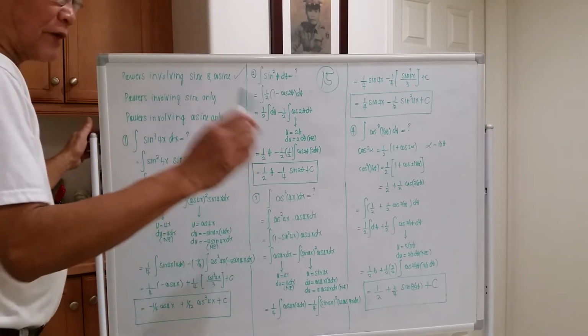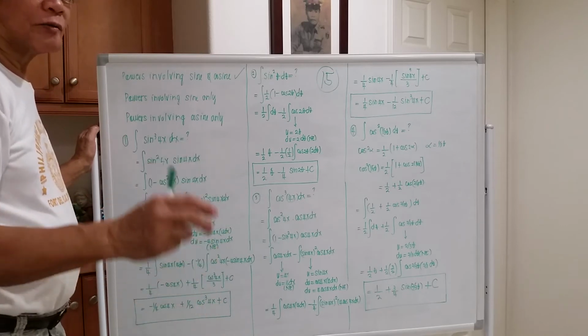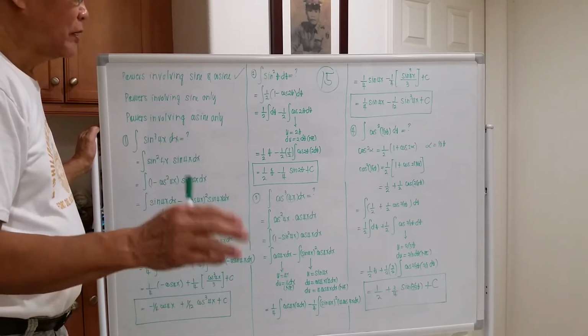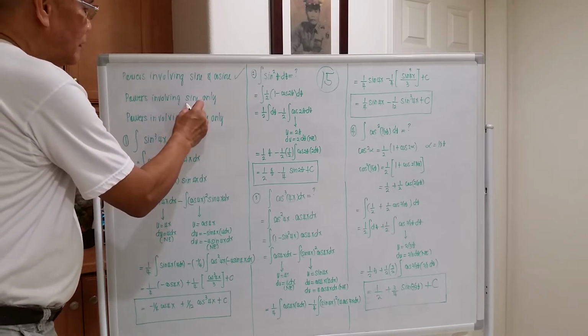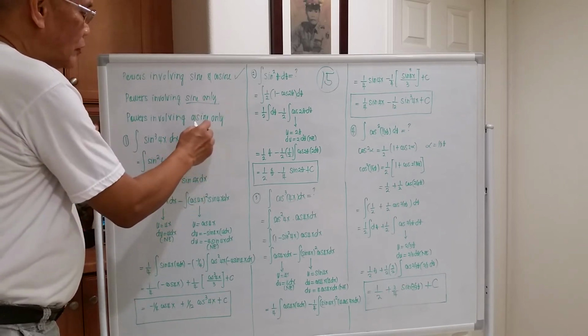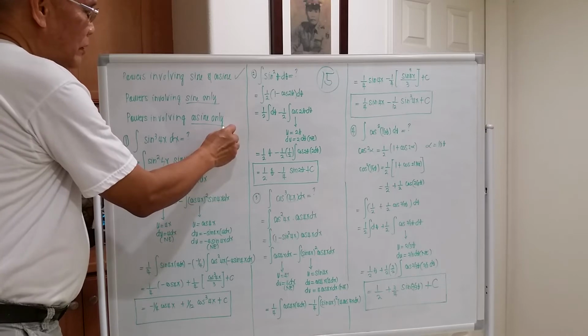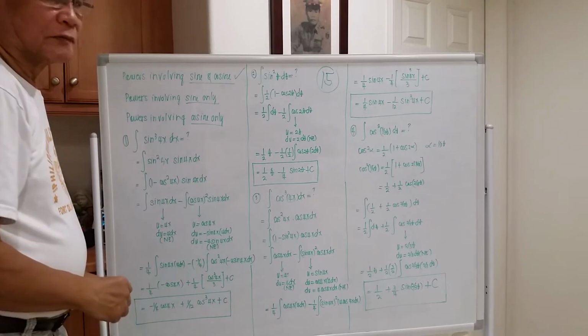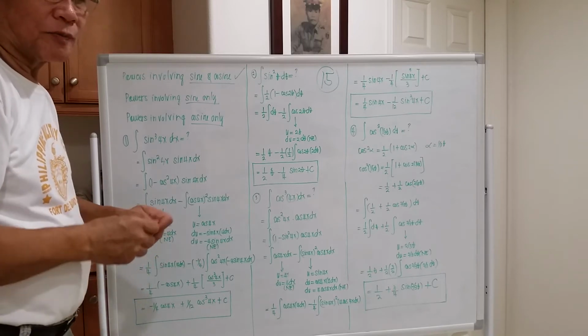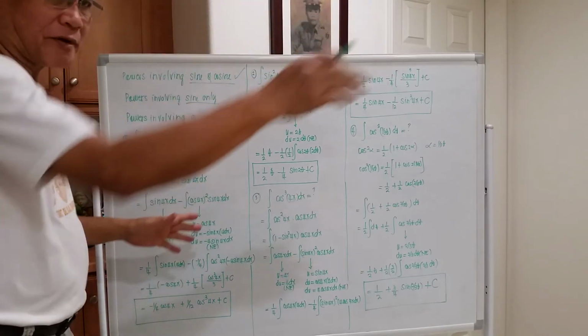So for this afternoon, I will try to give example problems involving powers of sine only and cosine only. We are now through with sine and cosine. I gave you two problems of those ones the last time around.